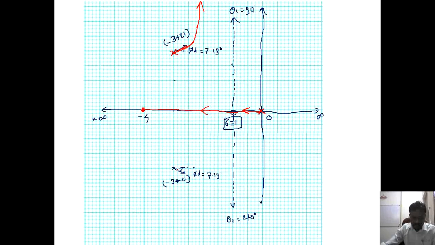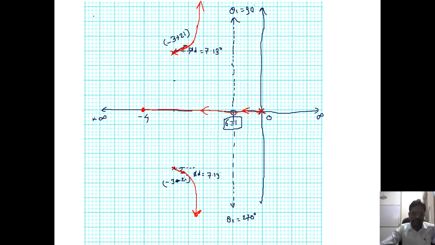On another hand, from this pole root locus will start at angle 7.13 and will follow this asymptote and go to infinity. To show that root locus is going to infinity, show the arrow at the end. And for this root locus ending on this point, that is 0, you can show a number of arrows on this line but don't show the arrow at the end. So this is a complete solution for root locus.